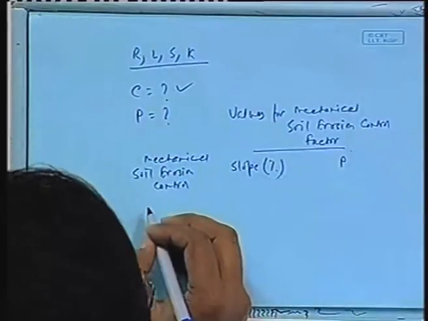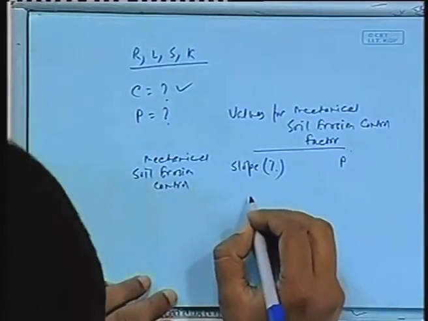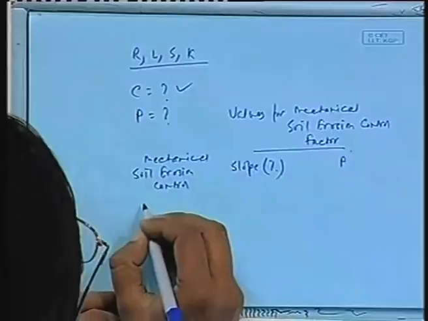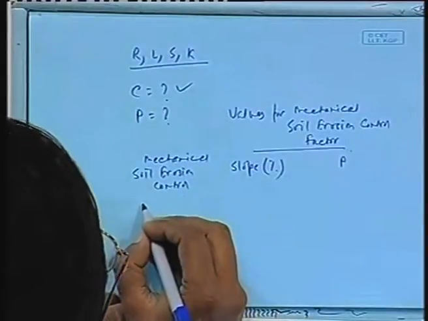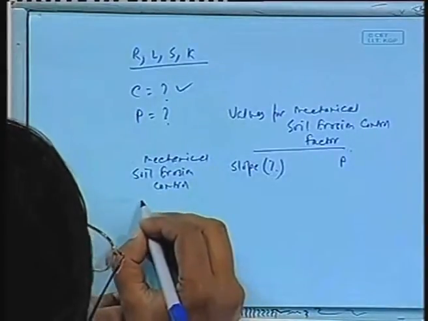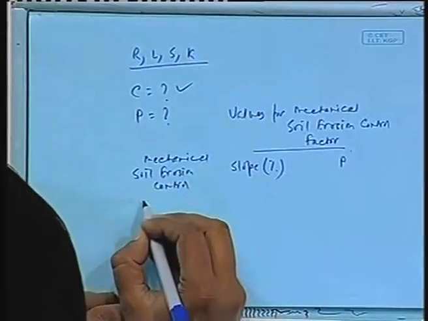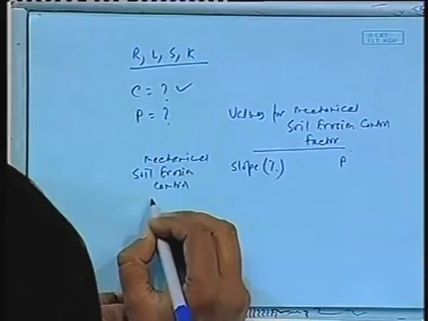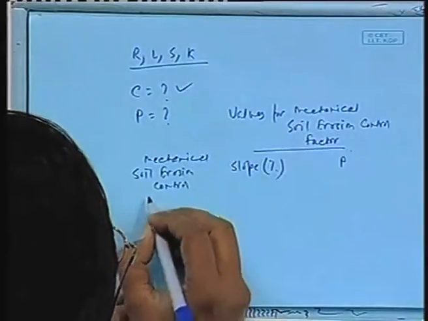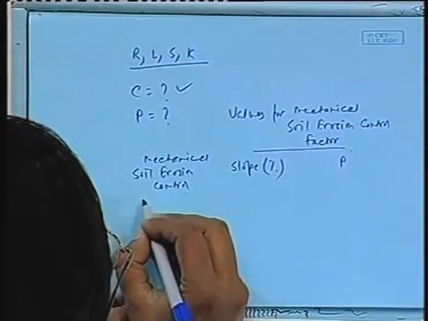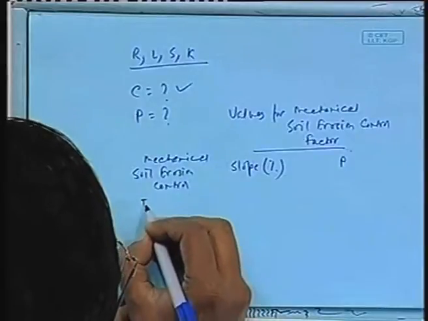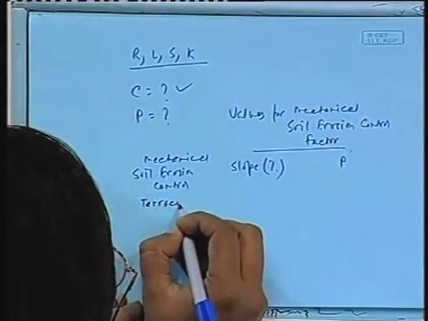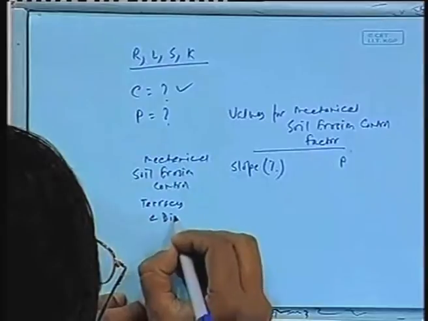So for the mechanical soil erosion control, like what we have been trying to do here, say we are using typical terraces and diversion ditches.